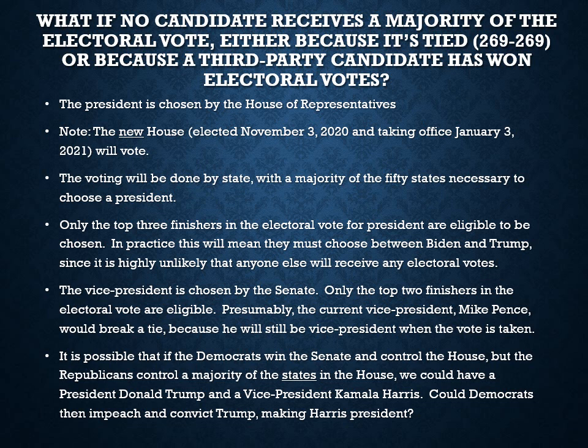And then if the Democrats wanted to reintroduce impeachment proceedings against Trump, this is really wild, but conceivably they could impeach and convict him, remove him from office, which would make Kamala Harris the President of the United States, but not Joe Biden. Okay, so if you want a really off-the-wall scenario, that's it.